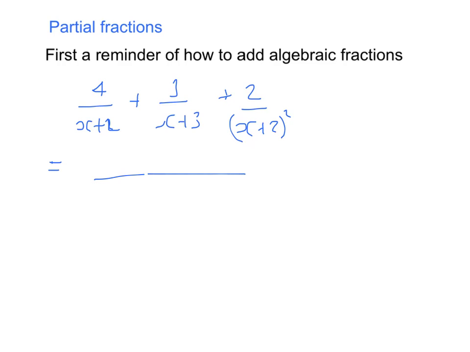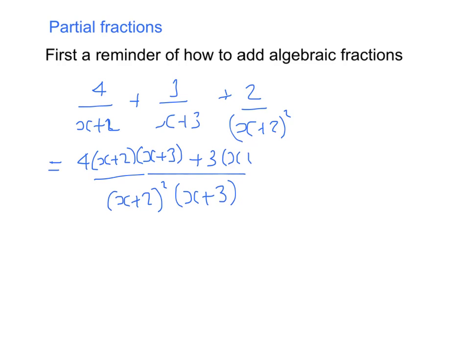So the lowest common denominator is x plus 2 squared, x plus 3. Okay, so that's our denominator. The first one, we've just got the denominator of x plus 2, so we need to multiply the 4 by x plus 2 and x plus 3. The second one we need to multiply by x plus 2 squared, and then the third one we need to multiply by x plus 3.